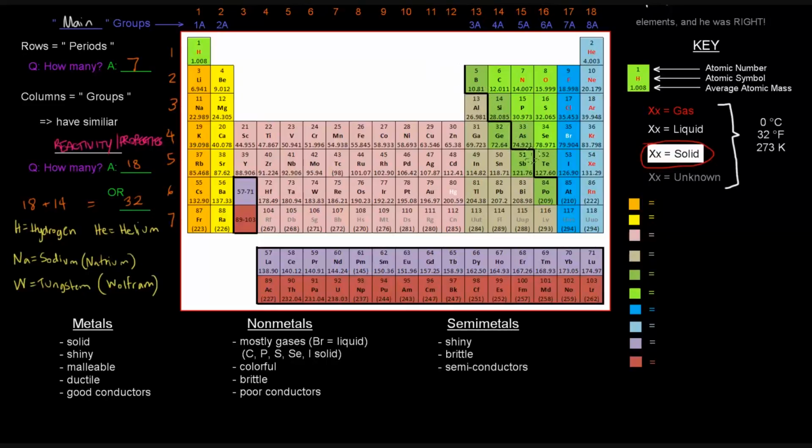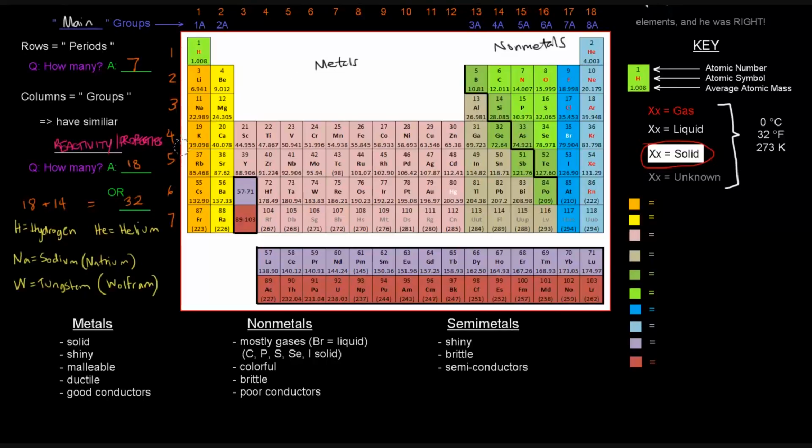This little border separates the left side of the table from the right side. Basically, things to the left, generally speaking, are metals, and things to the right are nonmetals. Now, that's generally speaking. Within that, there are specific names for specific groups, and that's what we'll go over now.